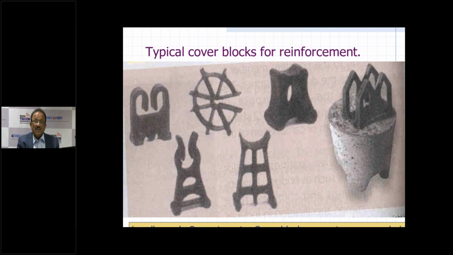Actually these mortar cover blocks are not recommended, because, number one, they are porous. So they provide a kind of gateway for ingress of humidity and moisture inside the RCC structure. So these site made mortar cover blocks should not be used for providing the cover to the reinforcement.